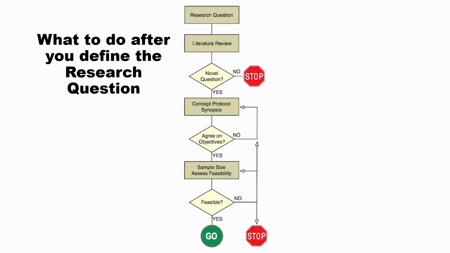One of the things that you notice here that is a little bit interesting is that the question arises, is this a novel question? So in other words, if it's been done 100 times before, and it's not new, it's not novel, it's not something that's going to give additional information, it's probably not worth your time.